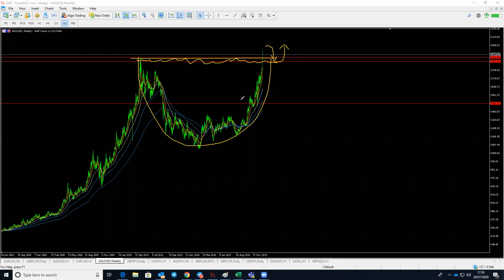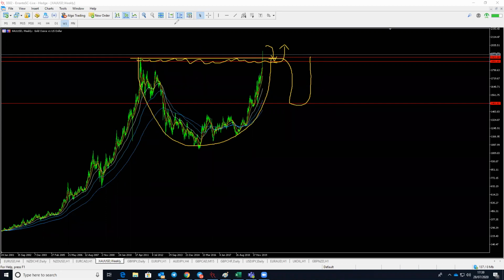But the only worry that I have is that it didn't create the handle of the cup. That's my only worry. It should actually be creating the handle of the cup.